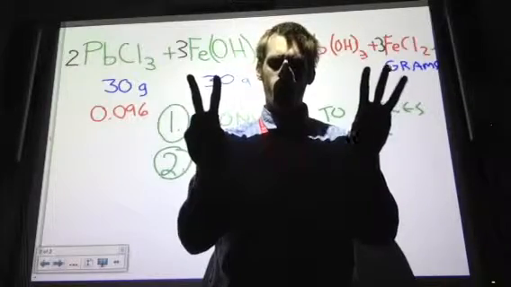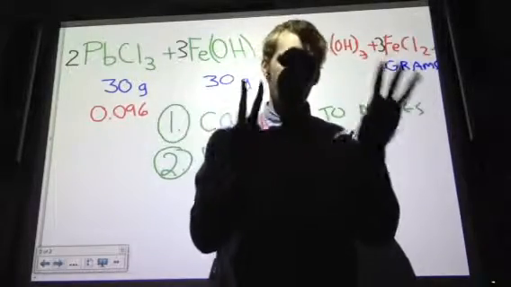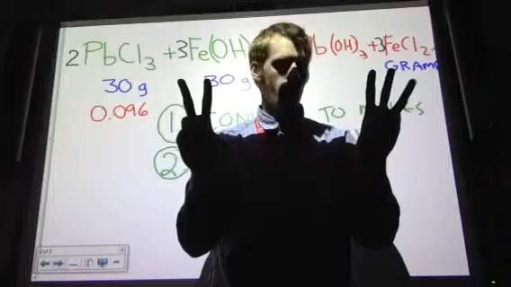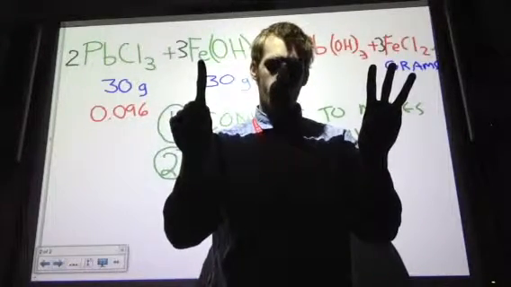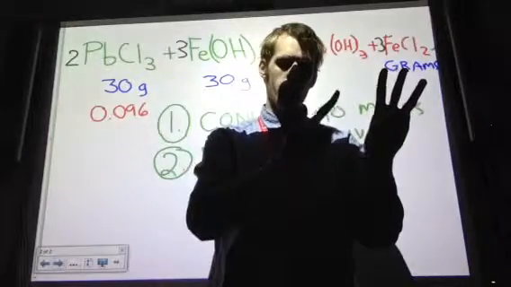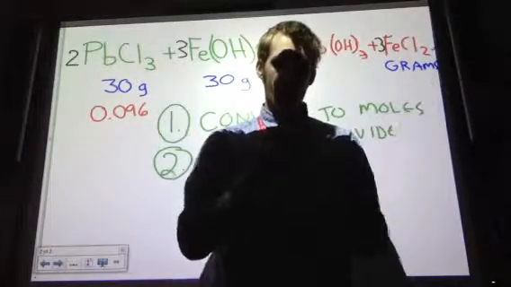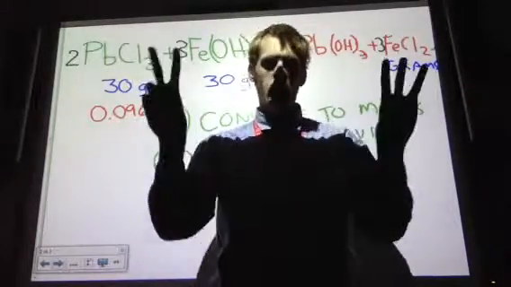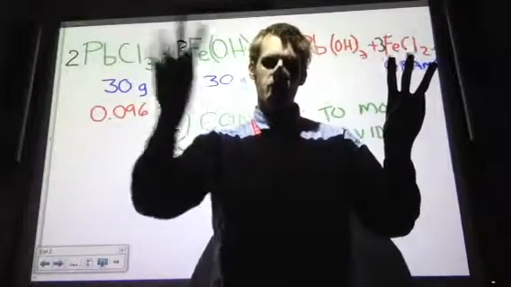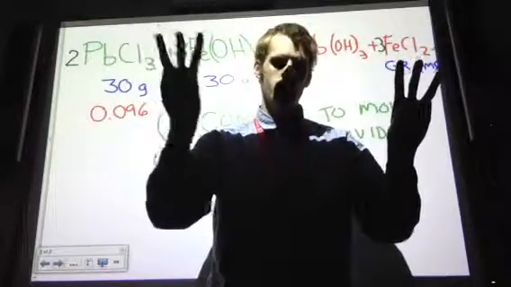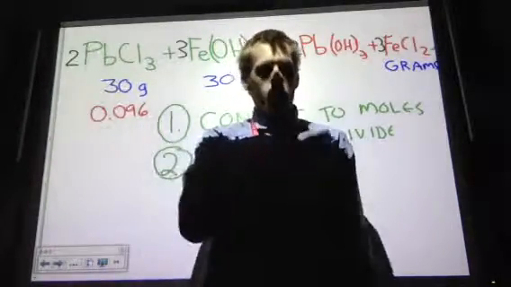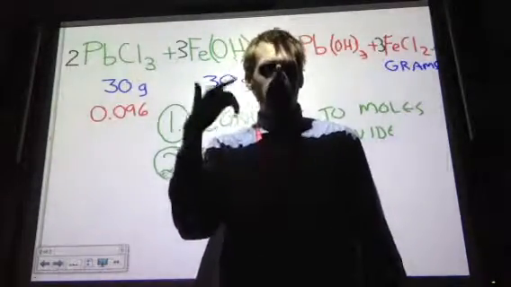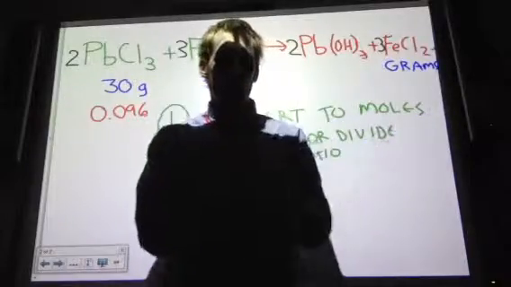What mathematical operation can I do, either multiply or divide, to get from 2 to 3? Well, I could divide by 2 and then multiply by 3, or I could multiply by 3, so you'd have 6 on this hand, divide by 2 to get to 3. Basically, however you can do it in your mind, you can do it that way.